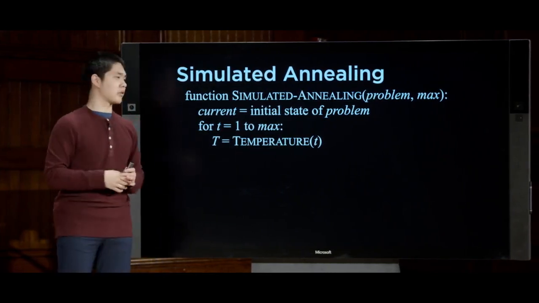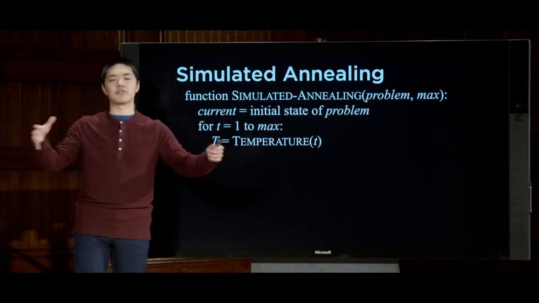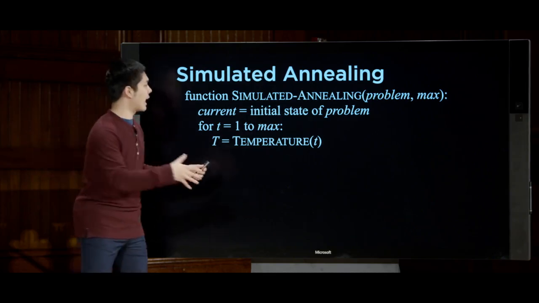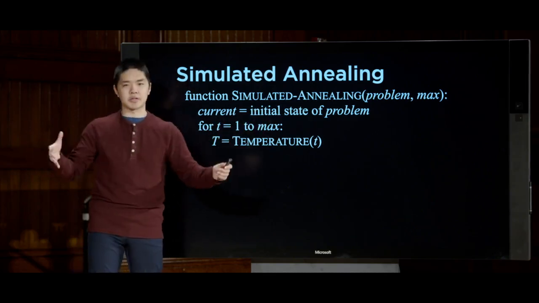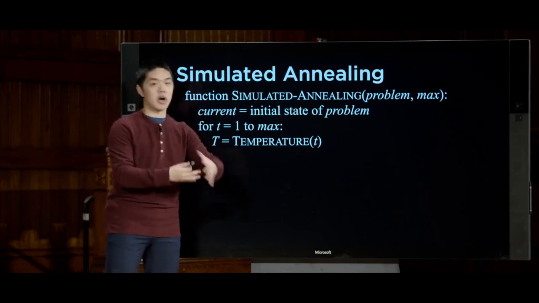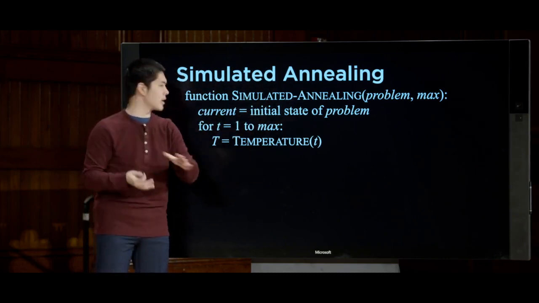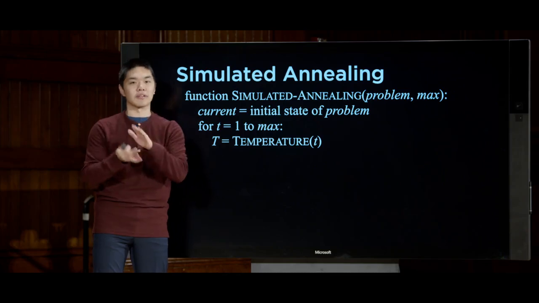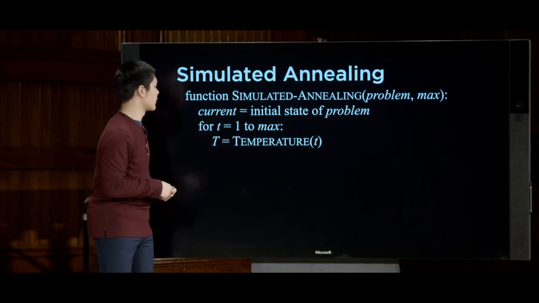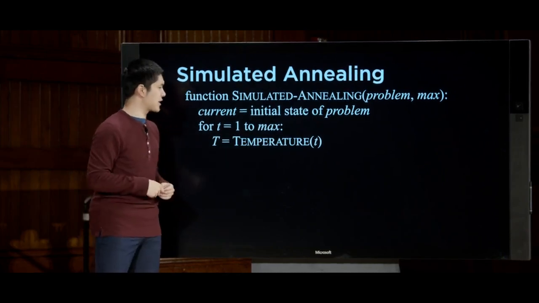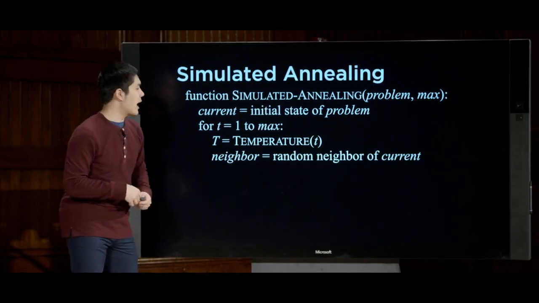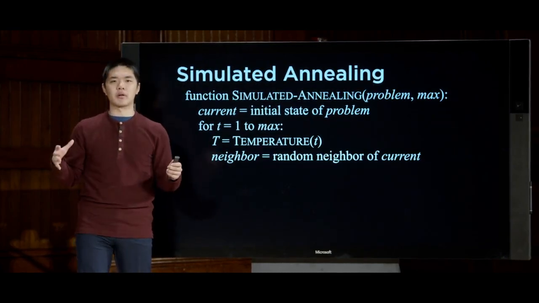One of the simplest ways is just to say it is like the proportion of time that we still have remaining. Out of like max units of time, how much time do we have remaining? You start off with a lot of that time remaining, and as time goes on, the temperature is going to decrease because you have less and less of that remaining time still available to you. So we calculate a temperature for the current time. And then we pick a random neighbor of the current state.